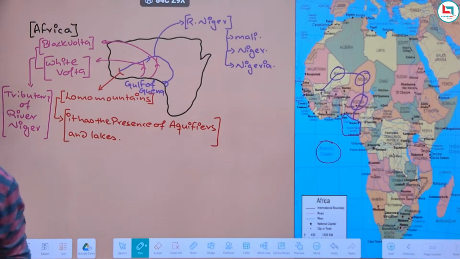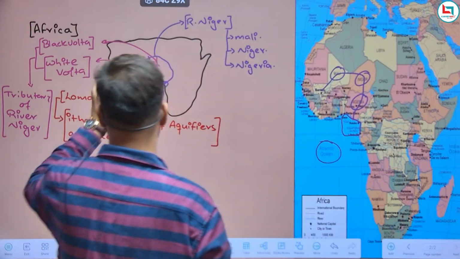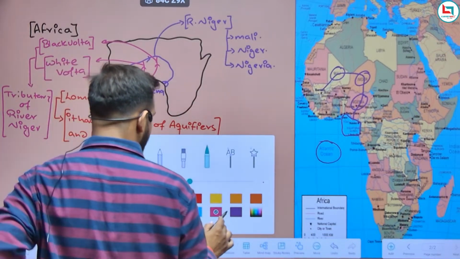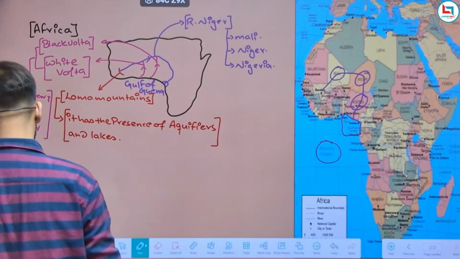This is going to be an important one. Now, guys, we should know that the complete River Niger and its tributaries make a floodplain all along its way.